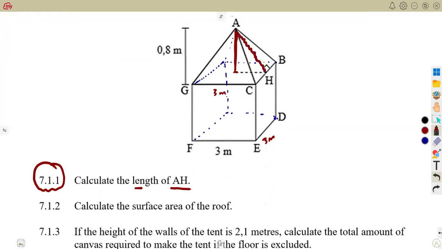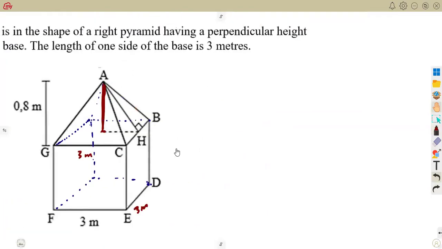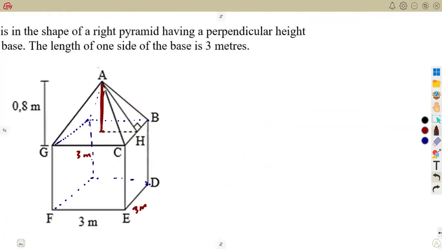With this indication, we can see that there is a triangle that is formulated if you consider properly here. This is your AH here, this line. But remember I told you that this is the perpendicular height, 0.8. This is the perpendicular height as it is going to meet with the base like this. It is going to meet at 90 degrees.